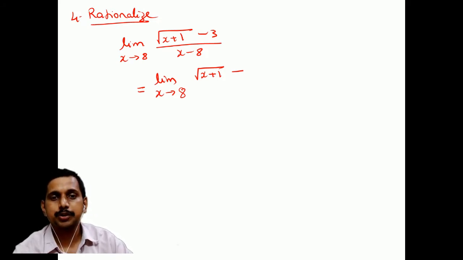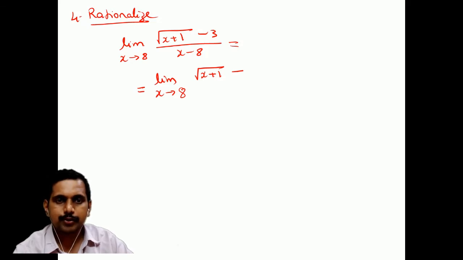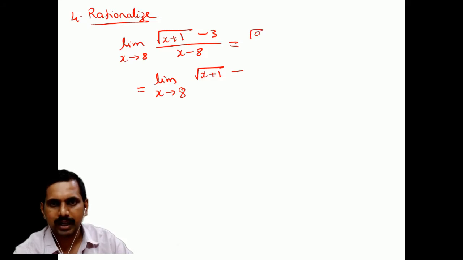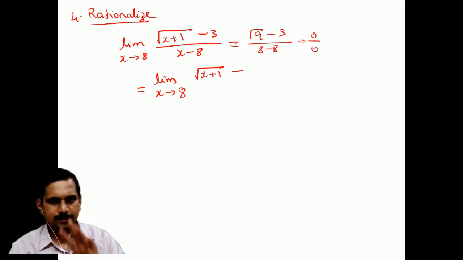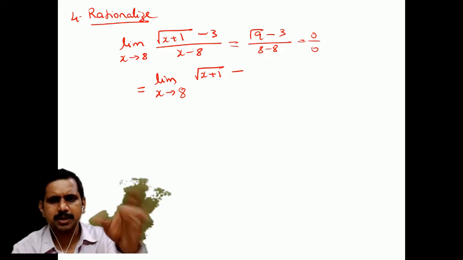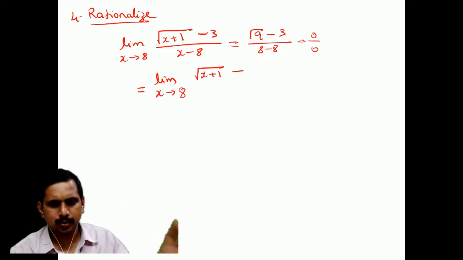Sometimes in substitution only we will get the answer. If you substitute here, you will get 8 plus 1, 9, square root of 9 minus 3, divided by 8 minus 8. So it is coming as 0 by 0. First check it out. There are various cases when substitution will give the answers, so you don't have to do much.